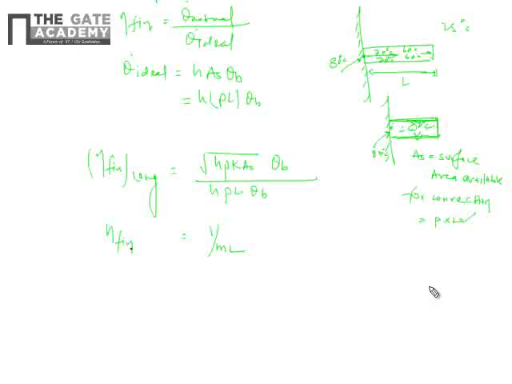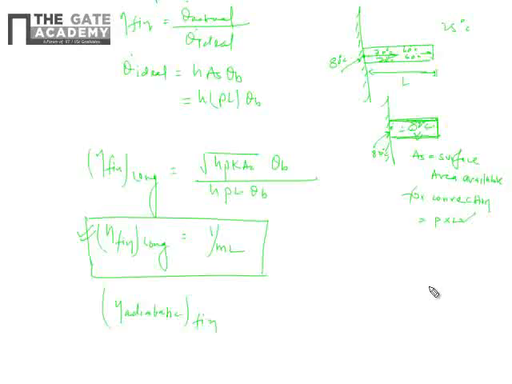So the efficiency of an infinitely long fin is given by this formula. Similarly, we can derive a fin efficiency formula for an adiabatic fin, and it comes out to be tanh mL upon mL.